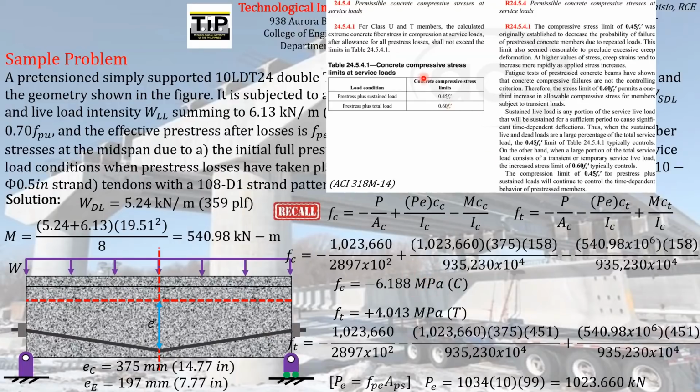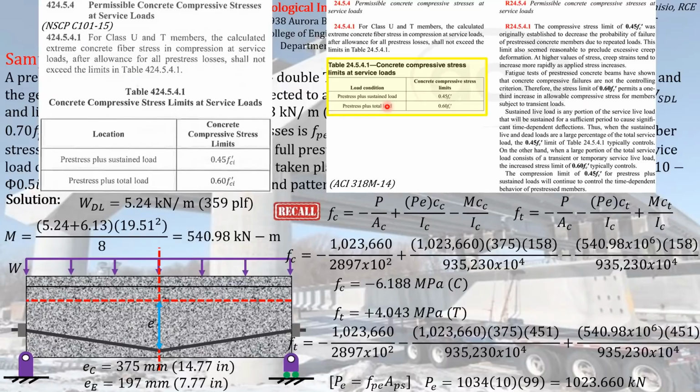You can see here in section 24.5.4.1 a table there, and if you use the local code, you can see a similar table. The table has two rows, so it has two magnitudes of permissible compressive stresses that can be experienced by the concrete at service loads.